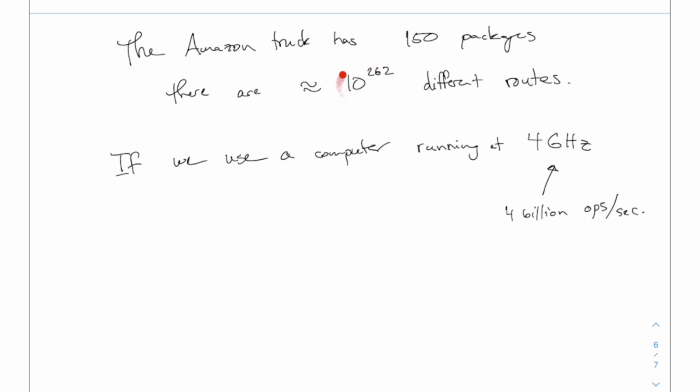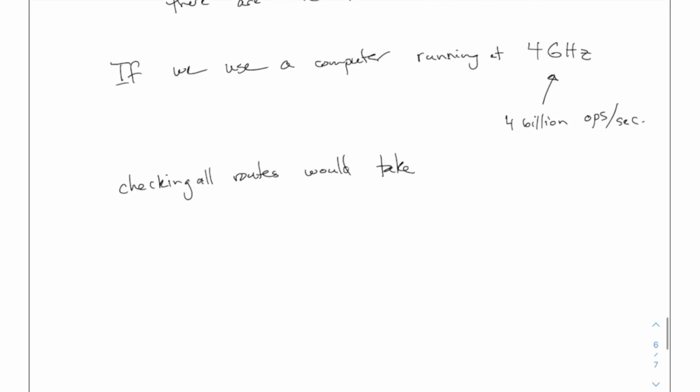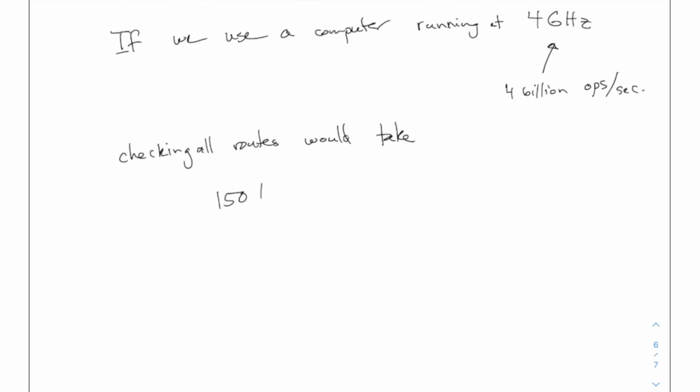How long would it take you to check through all of these? If you're doing 4 billion per second, actually it's still very long. Checking all routes would take, this is not so tricky to figure out, that big number, 150 factorial divided by 4 billion seconds.